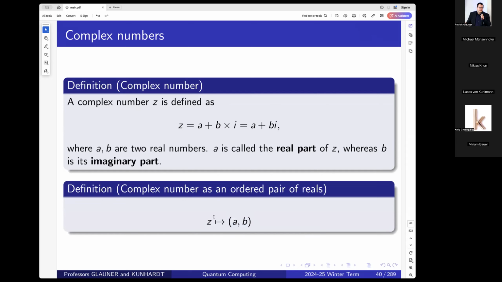And I want to know from you now, and include you also here, you can tell us in the chat, or you can just raise your hand or turn on your microphone, where you have come across complex numbers in the past, at least the ones of you who have worked with complex numbers already. If you have any suggestions where you have dealt with complex numbers, please tell us. One person sent a thumbs up. Feel free to turn on your mic and tell us more, or send us in the chat if you don't want to be using your microphone.